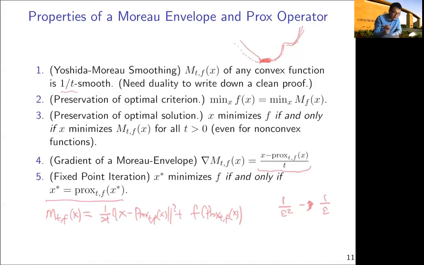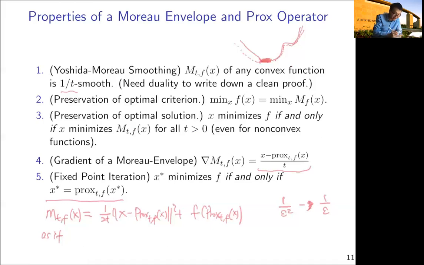Taking the gradient of this function is not really straightforward at all, because the prox thing is something that's highly nonlinear, and taking the differential in the face of minimization is not something that's easy to do. But if you look at the final form of the gradient, it is as if you simply treat this prox to be a constant and then take only the gradient with respect to x in the first term, right?